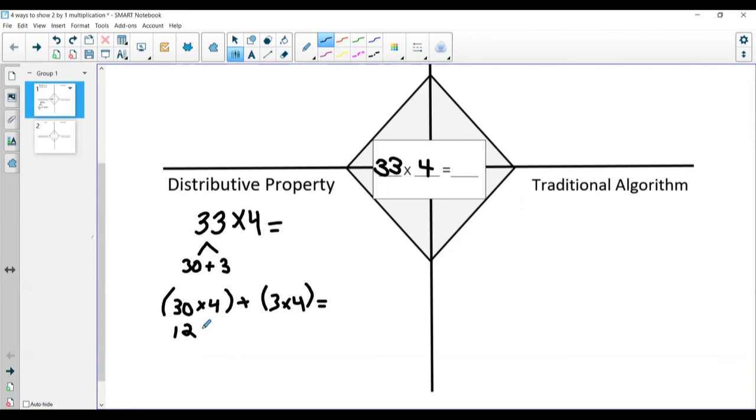And then there are no ones, so I'm going to put a 0 at the end. 3 ones times 4 is equal to 12 ones. When I add these two together, 120 plus 12, I get 132. So 33 times 4 is equal to 132.